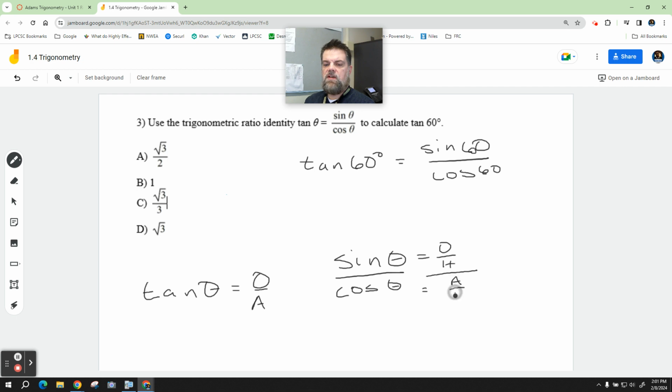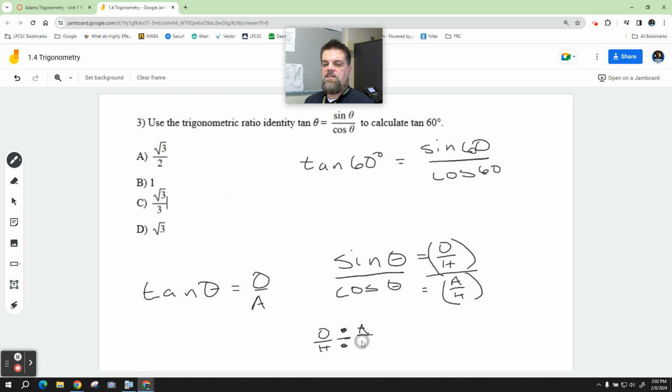Adjacent over the hypotenuse. So technically, we're taking the opposite over the hypotenuse and dividing it by, right? Because the fraction is the top number being divided by the bottom number, right?